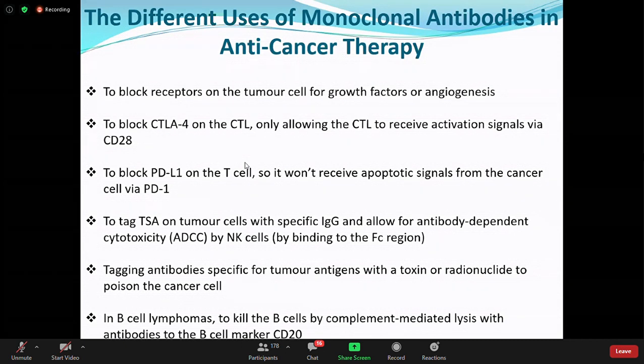Then there are other types of experiments of weaponizing antibodies.